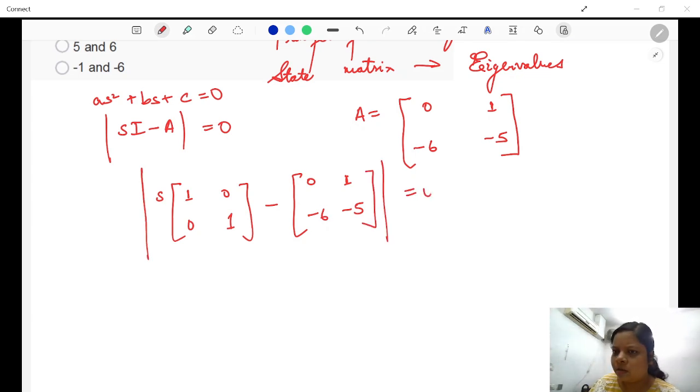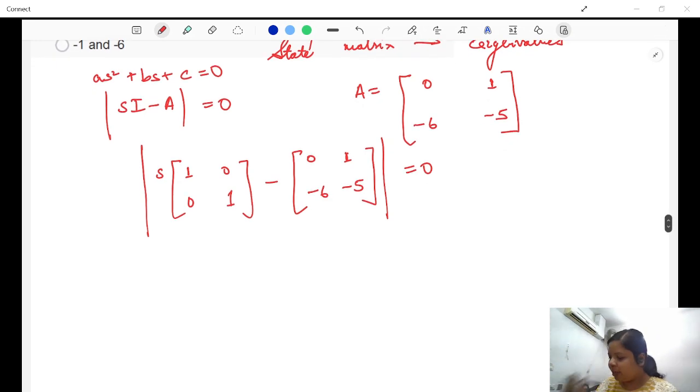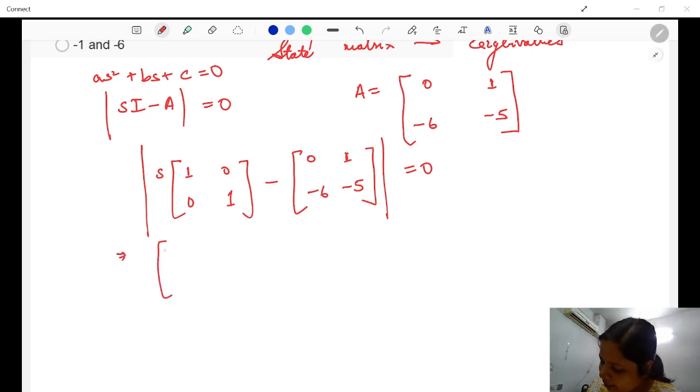Determinant 0. Do you want to say something, Surya? Okay. So you can write the determinant of sI minus A is equal to 0. What will happen here then? Let's take the determinant directly. s minus 0, this would be s.